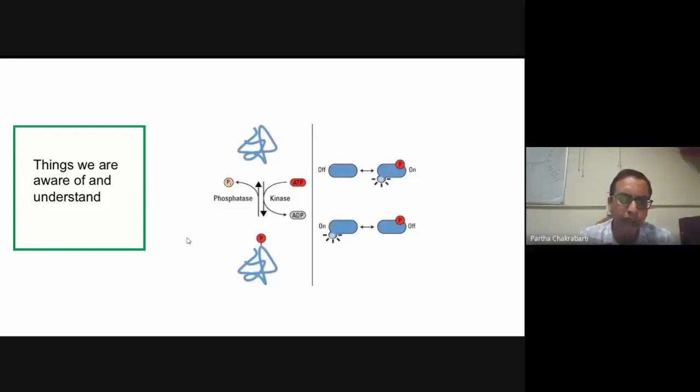So what would be the experiment to show that a particular residue, a particular amino acid of a protein gets phosphorylated or dephosphorylated, right? We often read these signaling pathways, but oftentimes we don't really pay attention to how we came to know that this particular protein gets phosphorylation in a particular cellular or organismal context, right?